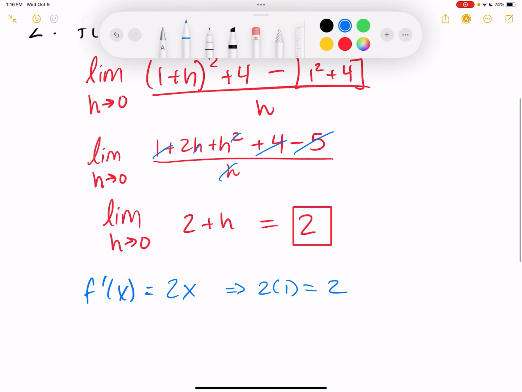So if it was x cubed, the derivative of that would be 3x squared. So if this was y equals, this would be y prime equals. It's so much easier to do the shorthand way. But if you're struggling with a problem that's harder, the definition of a derivative will always solve it for you.